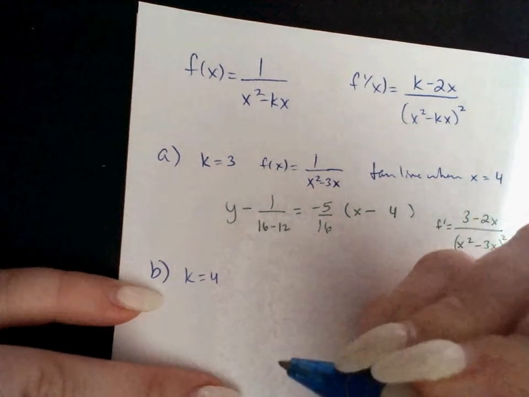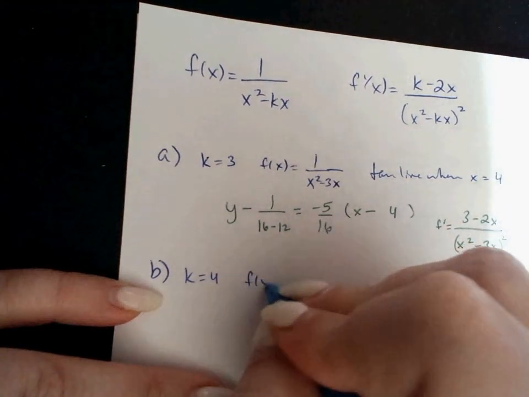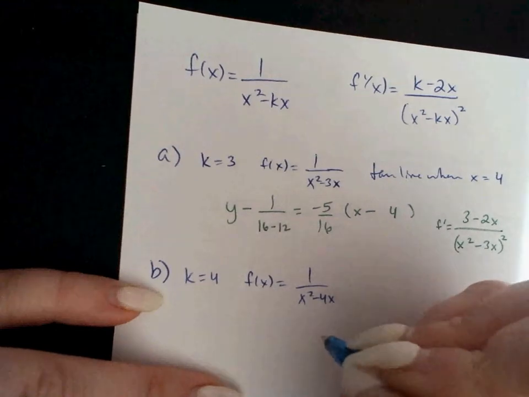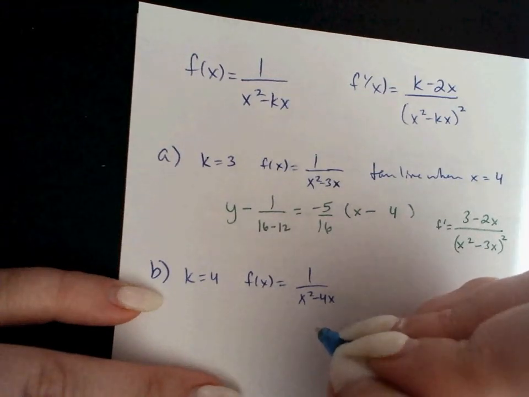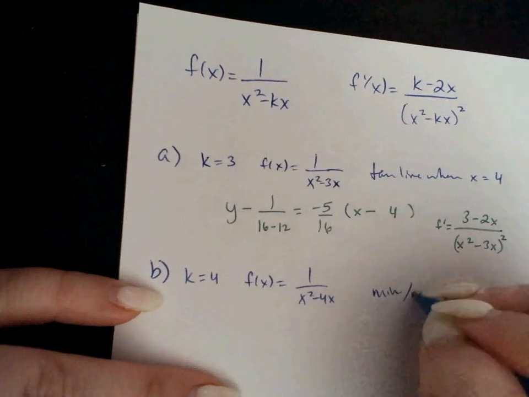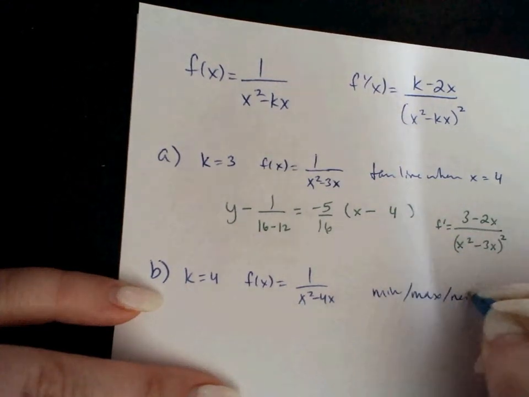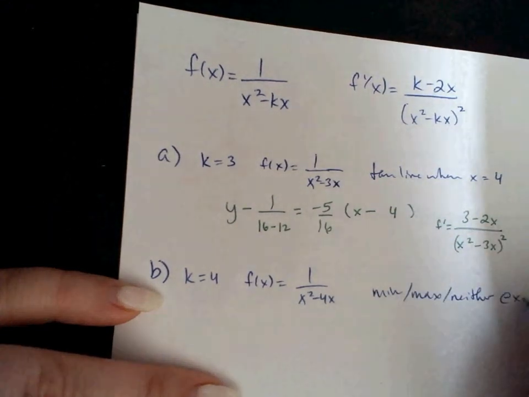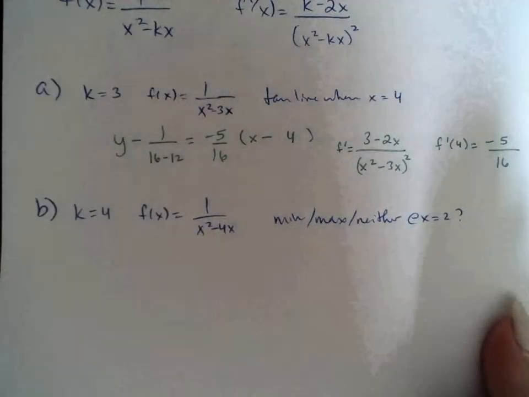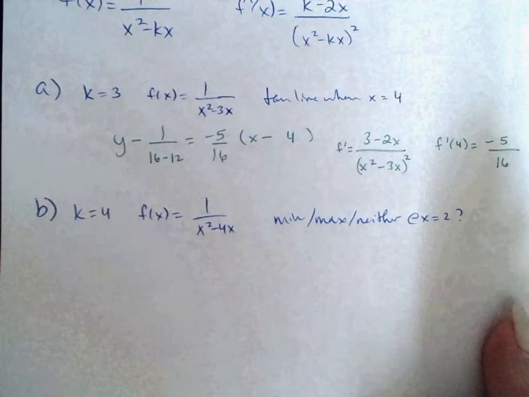B. Let k equal 4, okay, so that f of x equals 1 over x squared minus 4x. Determine whether f has a relative min, max, or neither at x equals 2. So min, max, neither at x equals 2.